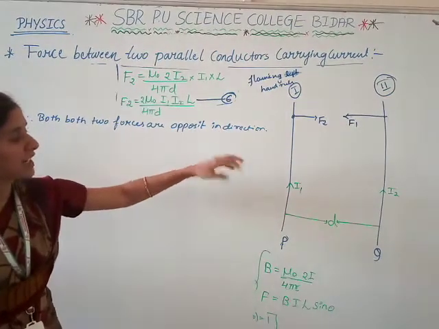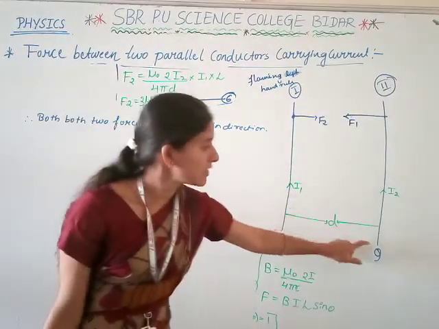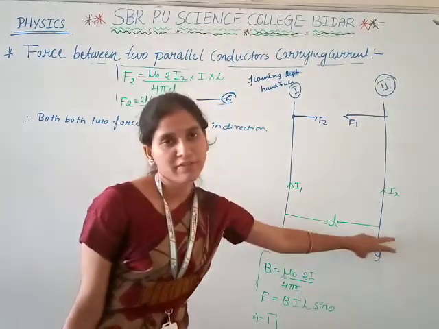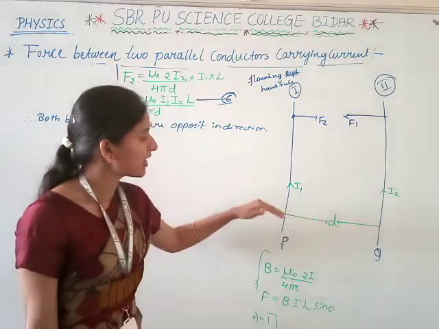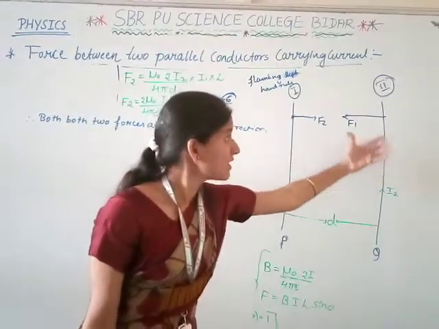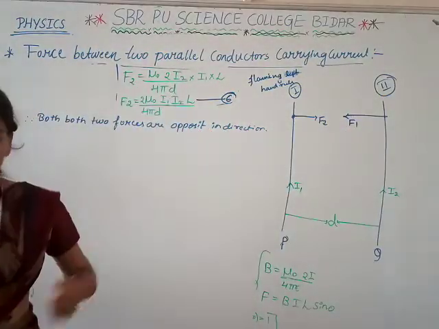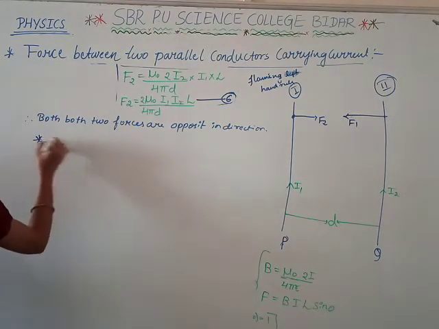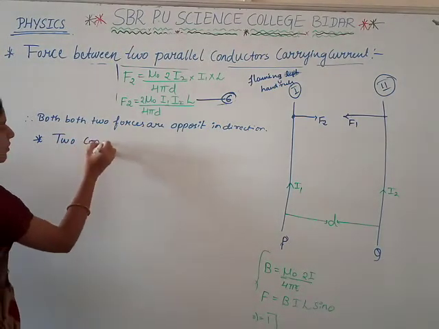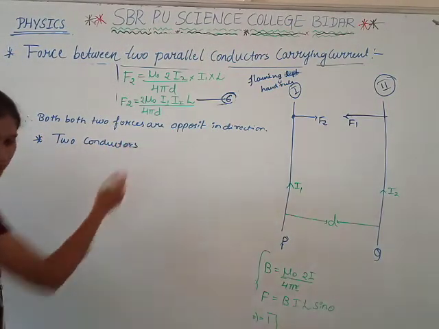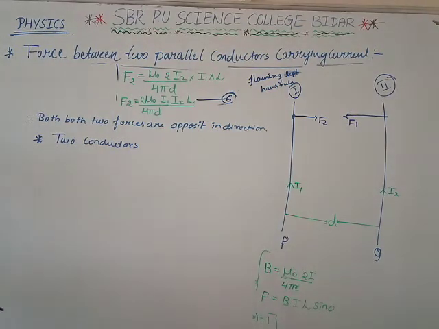When the two forces attract, it means the current is flowing in the same direction through the two conductors, and the forces show opposite directions.